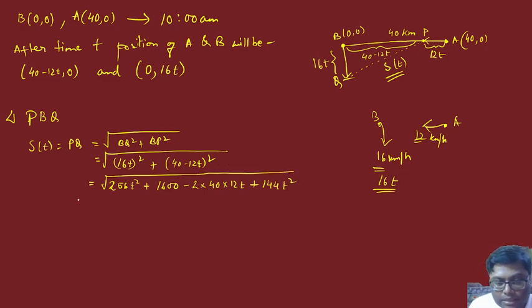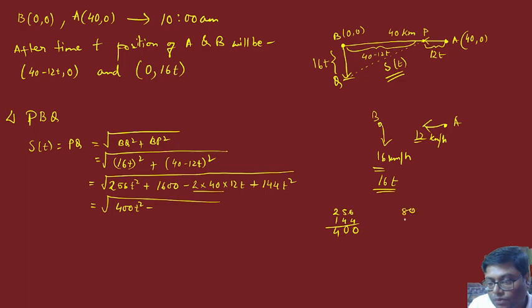Okay, now what will happen? 256 t square and 144 t square, if I add it up, it is 400 t square, minus 80 into 12, that is 960 t, plus 1600.